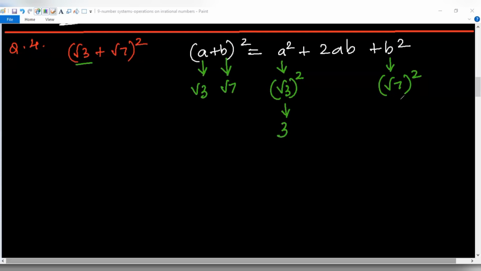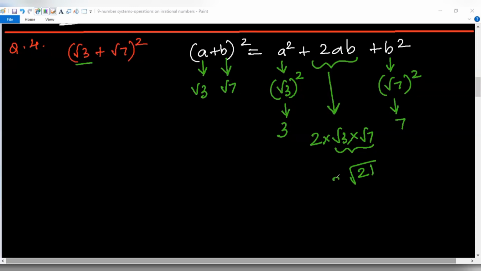So, here it is 3 and here it is 7. 2ab will be 2 into, in place of a, root 3, in place of b, root 7. Root 3 into root 7. When we multiply the irrational numbers, we can combine. 3 into 7, 21. So 21 will go inside the square root and 2 is there. So 2 root 21. This will be the middle term here.